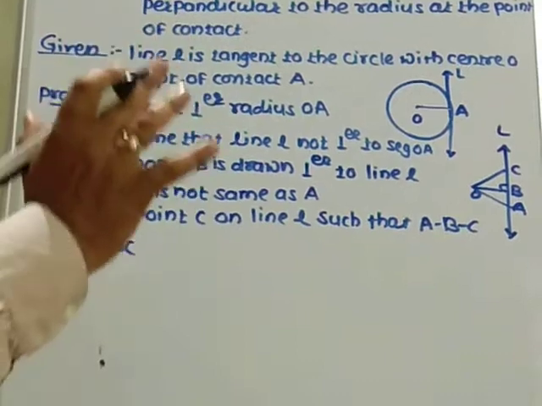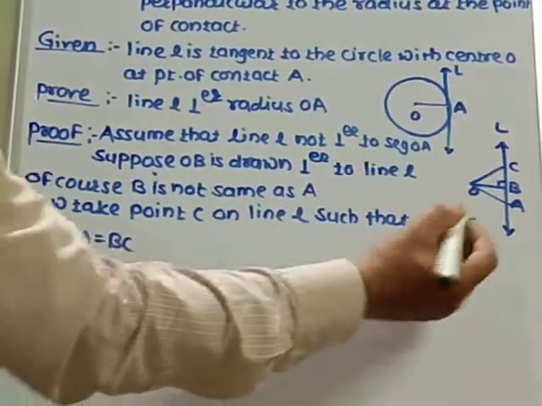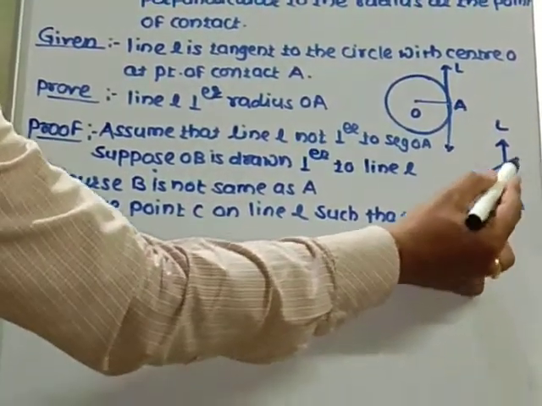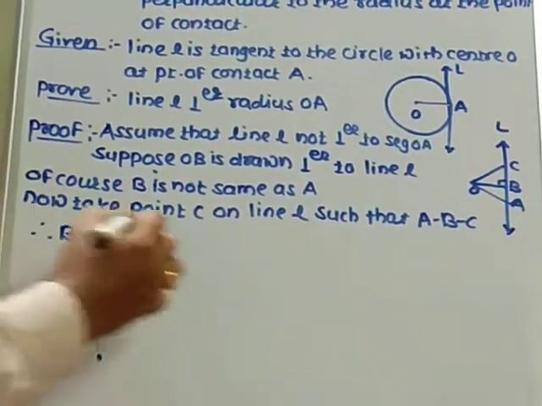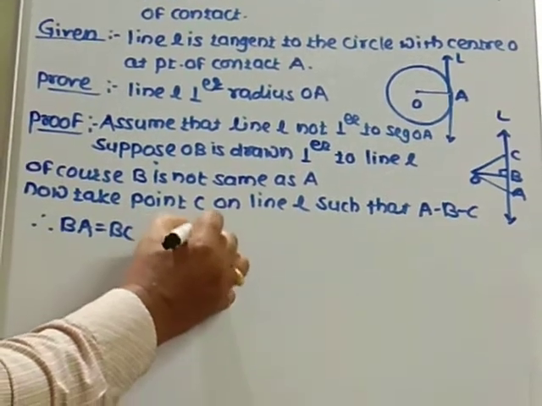Now two triangles are formed, OBC and OBA. Look at the figure.